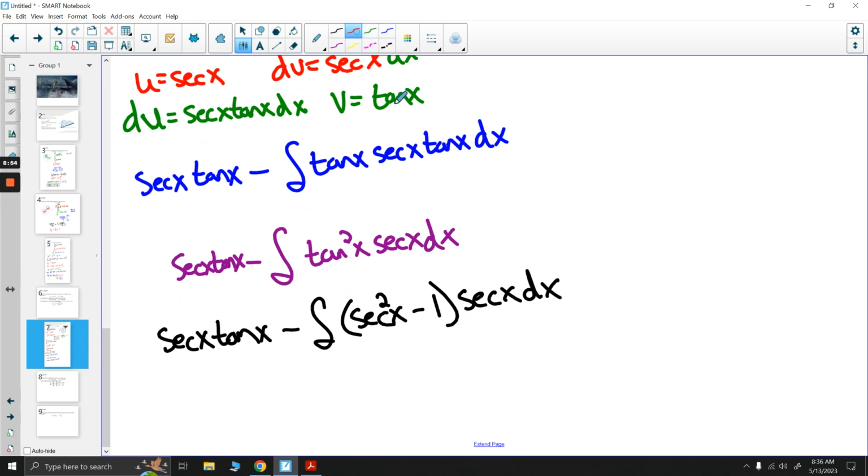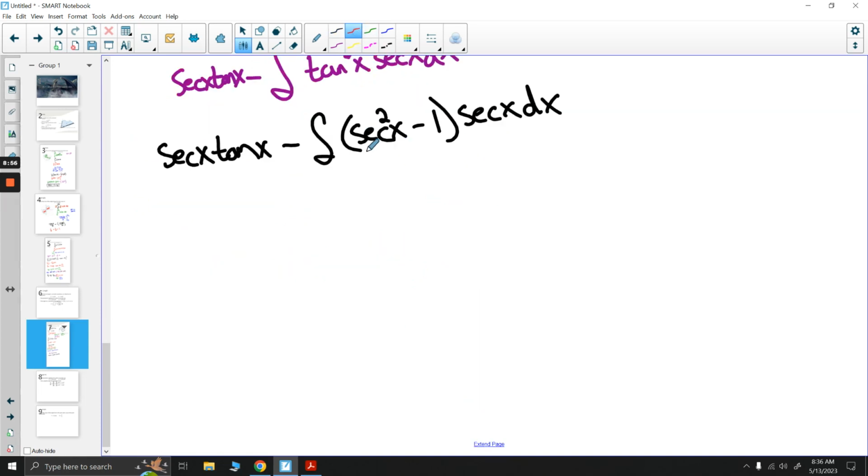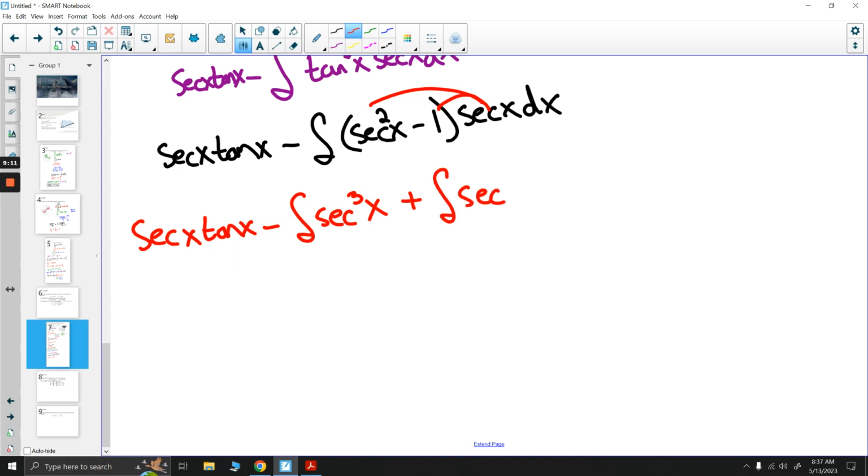And that means that we can distribute this, and we get secant x tangent x minus the integral of secant cubed x. Now, minus a negative gives us plus the integral of secant x. I'm splitting these simultaneously to distributing it, because as a reminder, this is all equal to the integral that we're trying to find, secant cubed x.